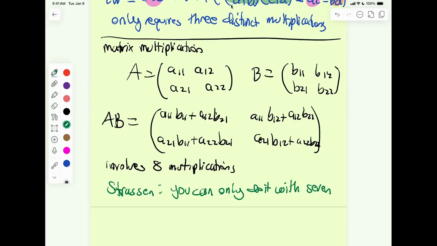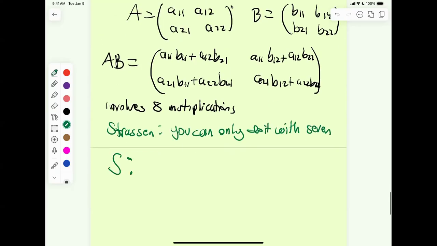The only reason why I'm bringing this up is that, from our perspective of the tensor stuff, there is a map. I'll call it S for Strassen, which takes 2 matrices of size 2 by 2, let's just say Mat 2, and it produces a 2 by 2 matrix. What's the map?